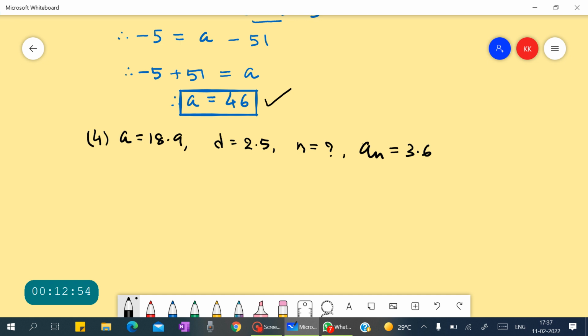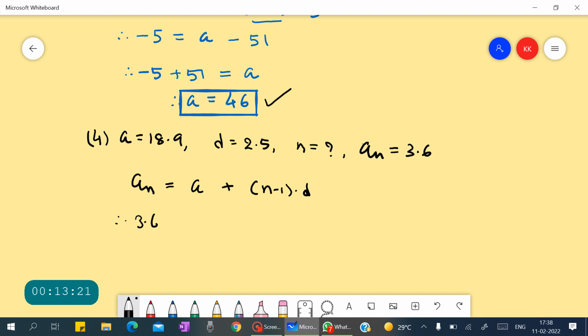If you learn these four sums, then however the questions are decorated, the content would be the same with this formula: an equals a plus n minus 1 into d.